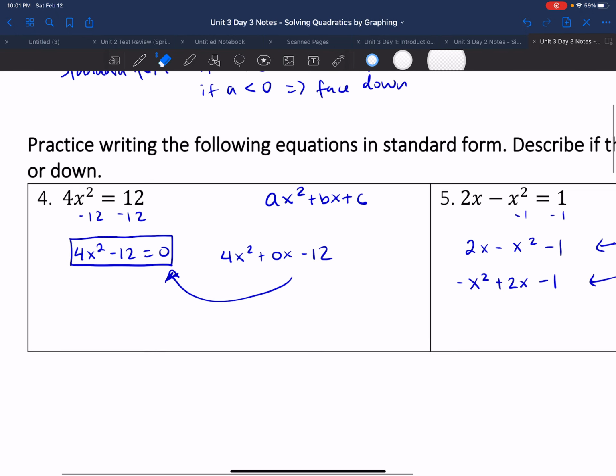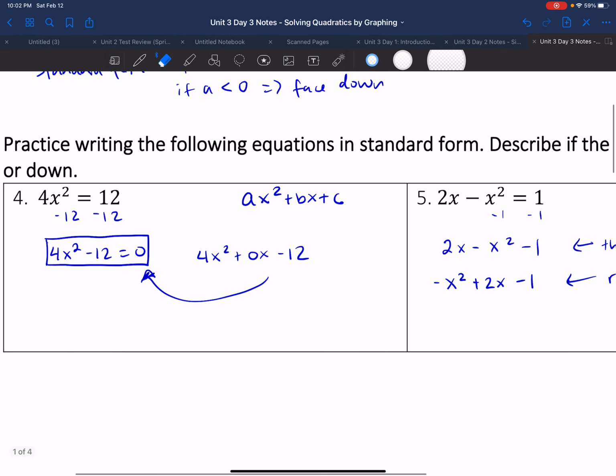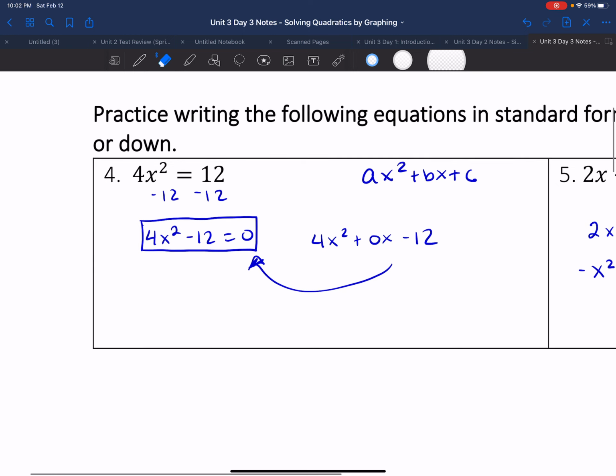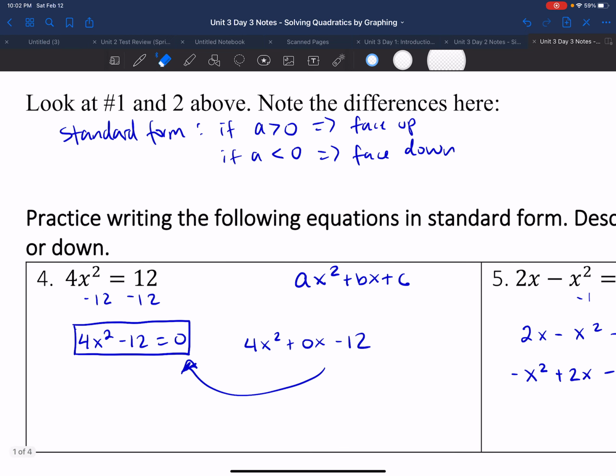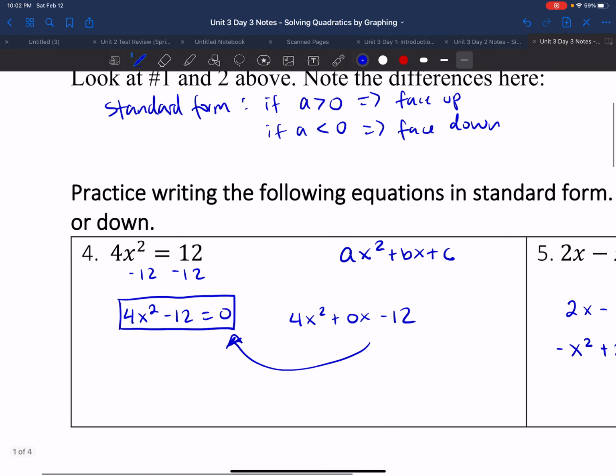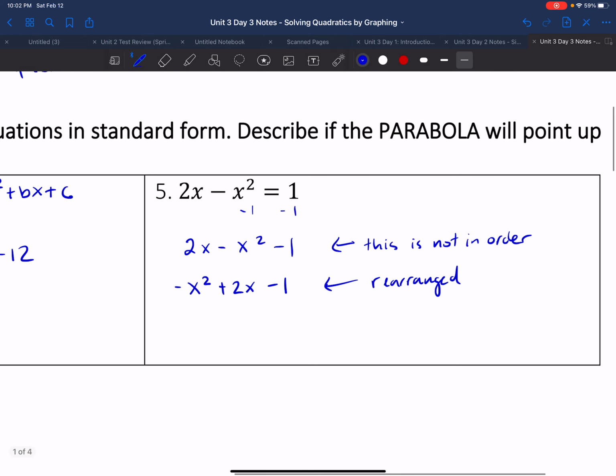All right, I'm going to go back to number 4 because I need to describe if the parabola is going to go up. So remember, looking at our rule here, if a is greater than 0, it's going to face up. So we're going to say face up over here. And then number 5, looking at this answer, we have a negative coefficient.